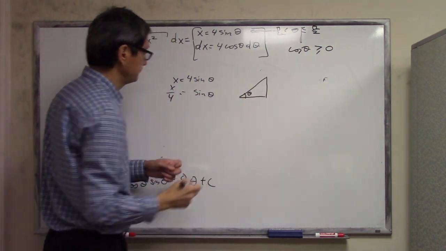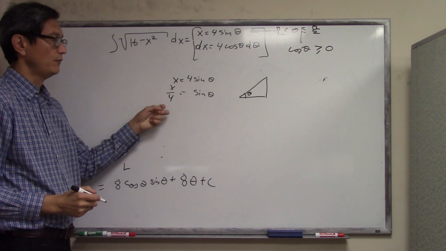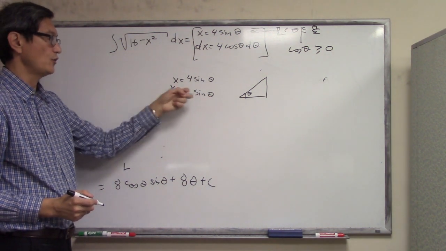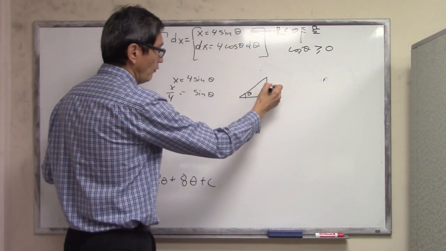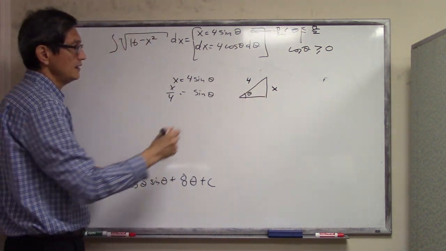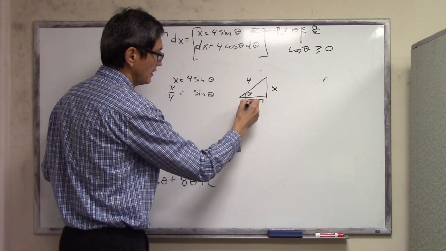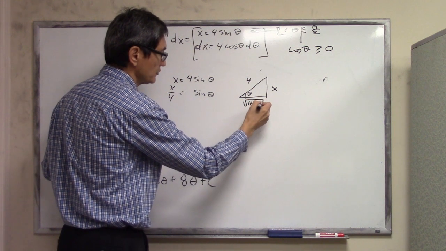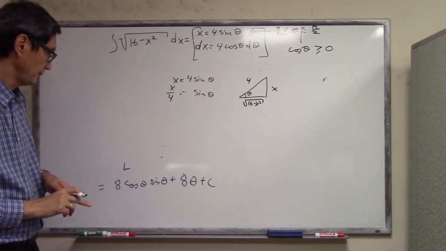Sine equals opposite over hypotenuse. The missing side is going to be the square root of hypotenuse squared minus leg squared using the Pythagorean theorem, so the square root of 16 minus x squared.